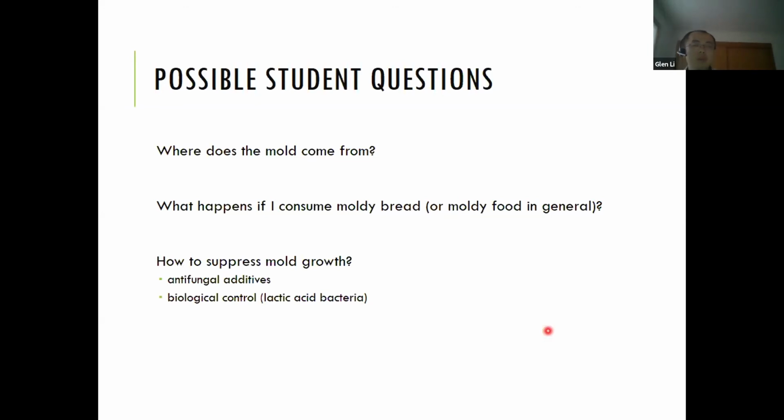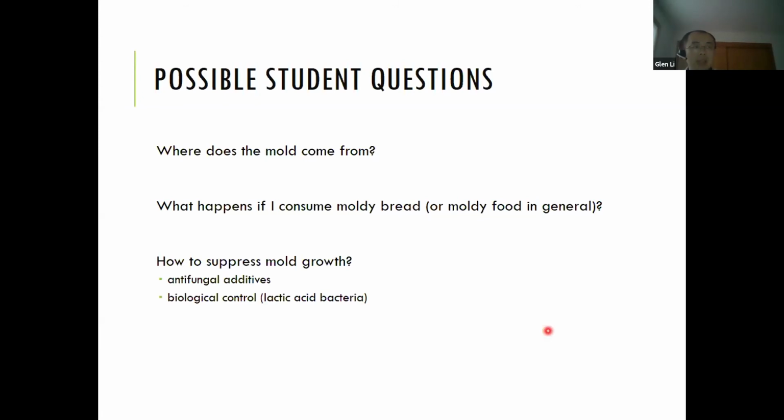How to suppress mold growth? This is an important question when it comes to shelf life and food safety. So there are a couple of approaches. One is the addition of antifungal additives. They can be synthetic chemicals, for example, sodium benzoate, or acids. Usually lactic acids and citric acids are food-based antifungal acids that are used in foods.